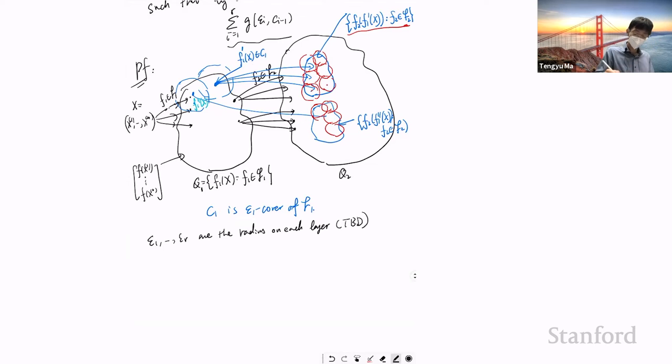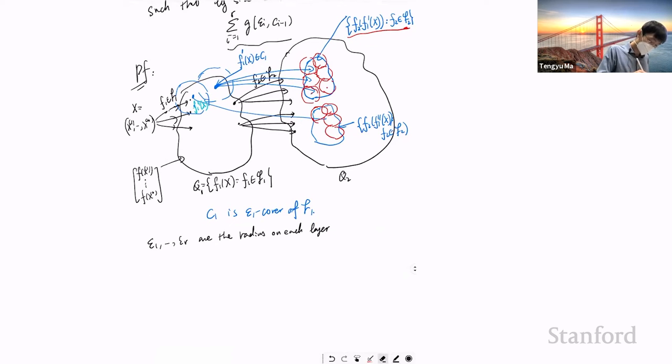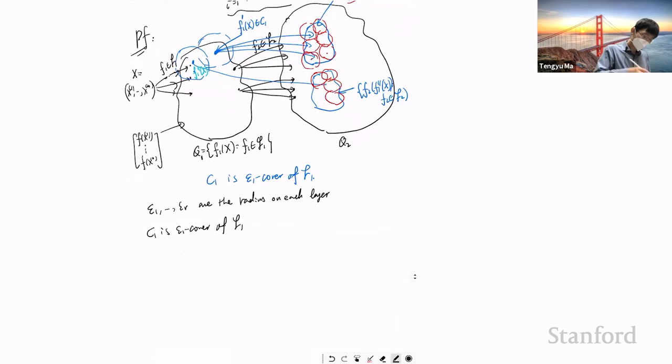You choose these; I guess in this lemma, they are not TBD. They are just already given to you. Eventually, you'll choose some numbers for them. And then what you do is that C1 is the epsilon 1 cover of F1. That's easy.